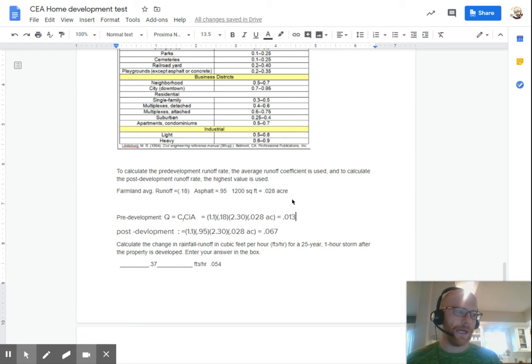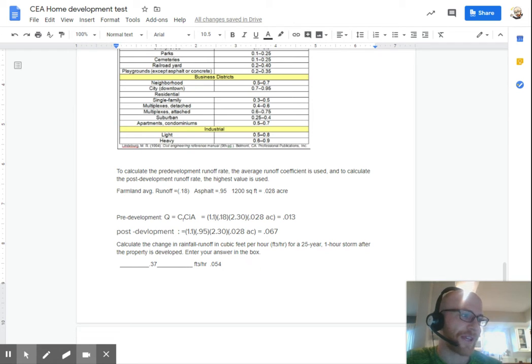So the change in runoff, what I would say, would be 0.054. However, the answer that they are looking for is 0.37. And this matches as if it was on a 3-acre lot. So if it's on a 3-acre lot and it does this, then it kind of matches this number here, which is similar to one of the example questions they gave you, but they never said anywhere it's on a 3-acre lot.